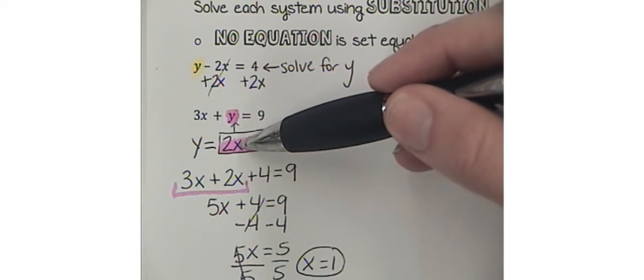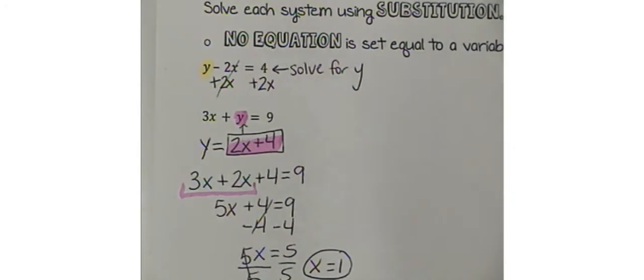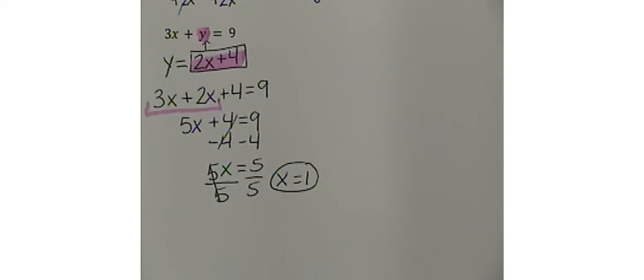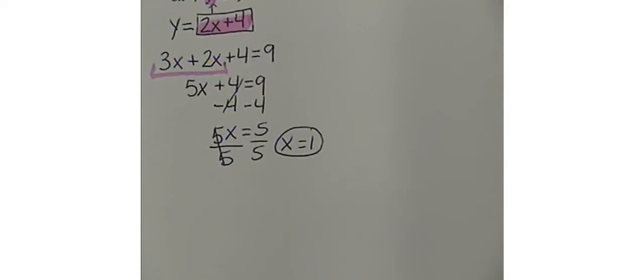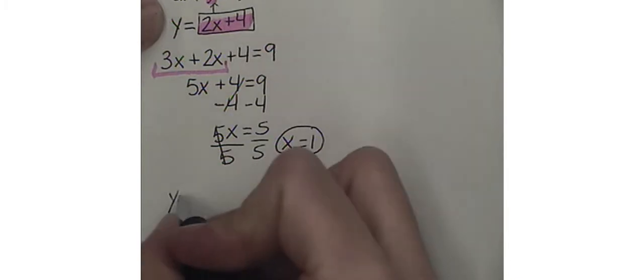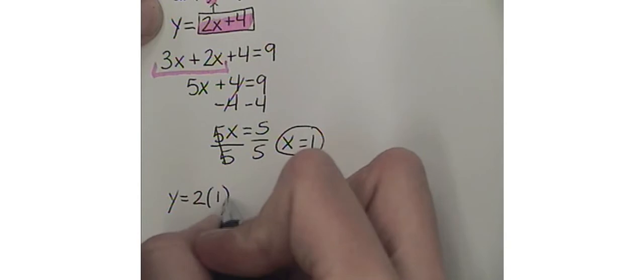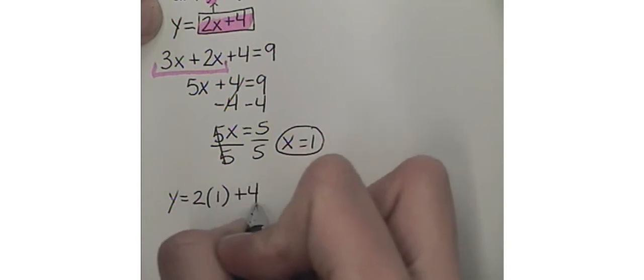And I'm going to work smarter, not harder, and I'm going to plug it in right here for x because y is already by itself, which means I have to do less work. Okay, so if I write it out, y equals 2 times x, but I know that x is 1, plus 4.